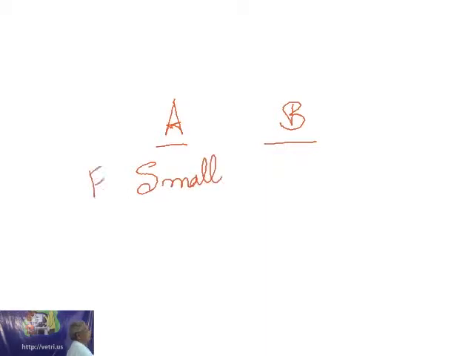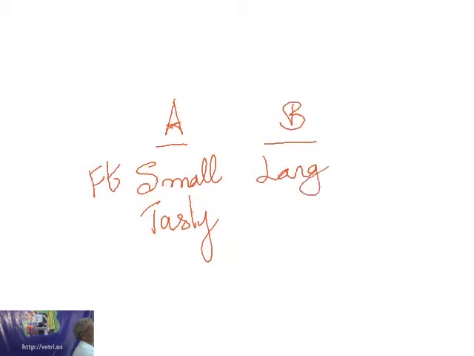You are taking plant A and plant B. In traditional hybridization, plant A has a small fruit, but at the same time it is very tasty. Plant B has a large fruit of the same variety, say an apple or orange or mango, whatever it is, but at the same time it is very sour.